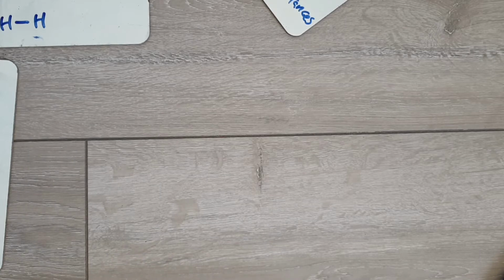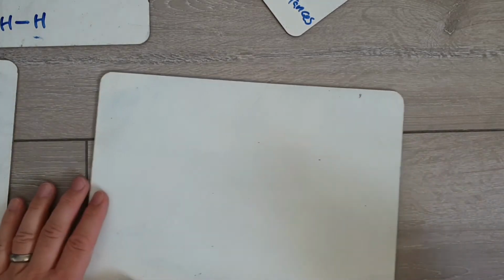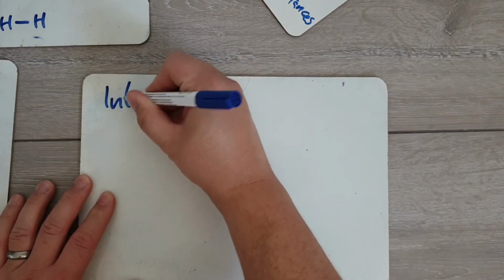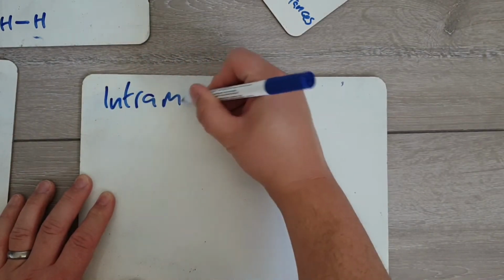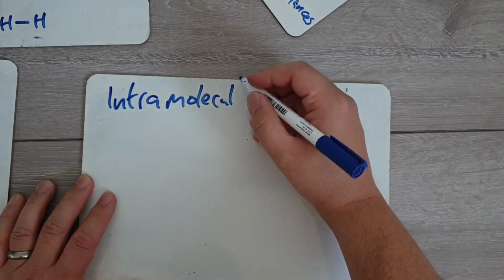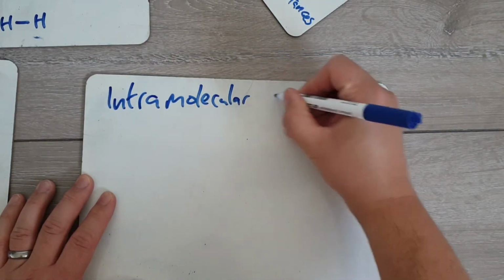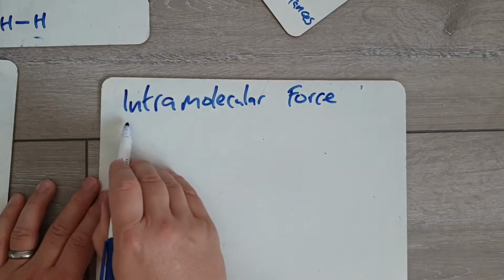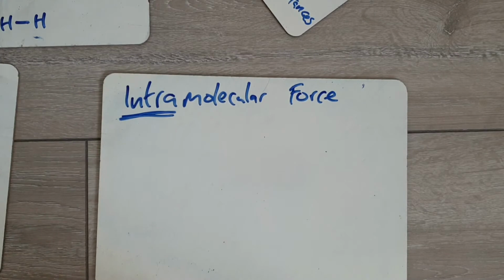So that brings us on to one of the first new keywords for today, which is the word intramolecular. So an intramolecular force. And this first part is the key, intra. Intra means inside.